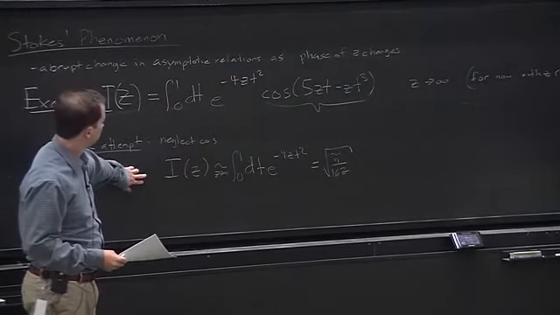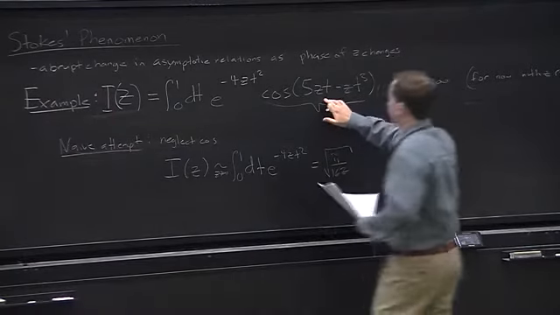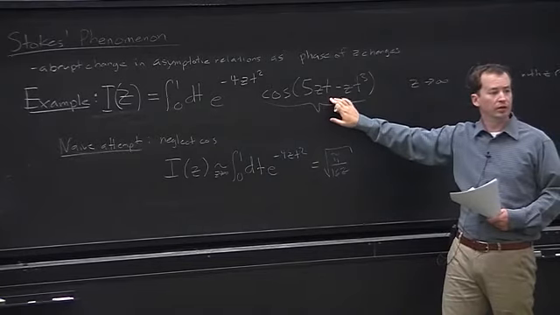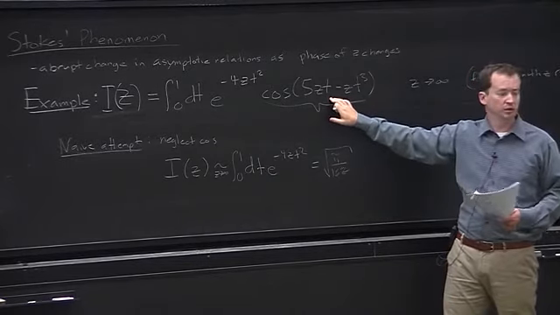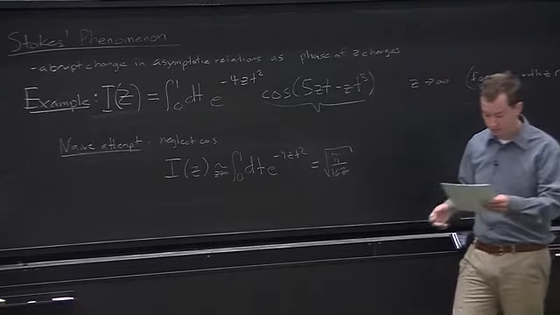But you might suspect this is wrong. This is oscillating more and more wildly as z gets bigger and bigger, so we might expect there's some destructive interference, and in fact there is.